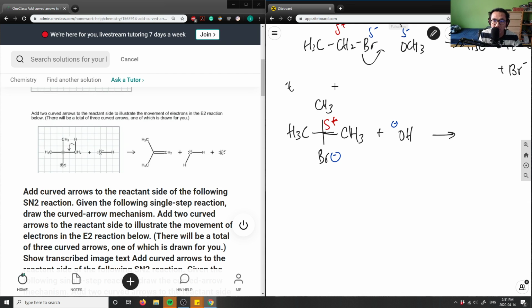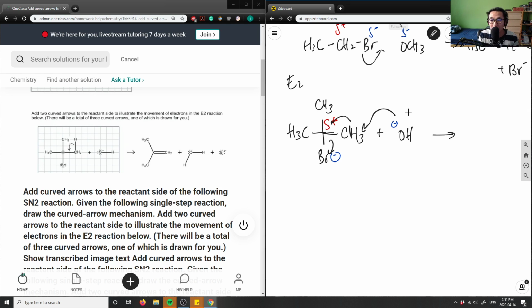So E2 is different, right? When we talk about elimination or an E2 reaction, again, it's still one step, but it's an elimination, right? So in this case, this oxygen is going to attack this hydrogen, and then this is going to collapse and kick out the bromine.